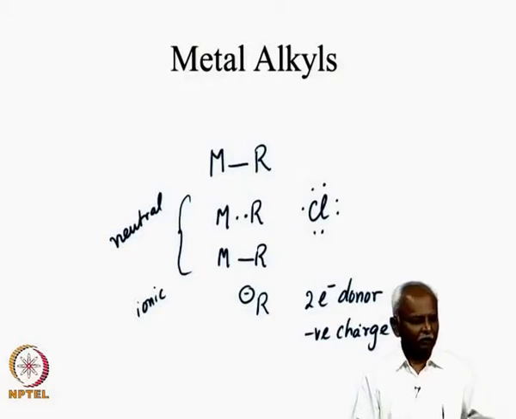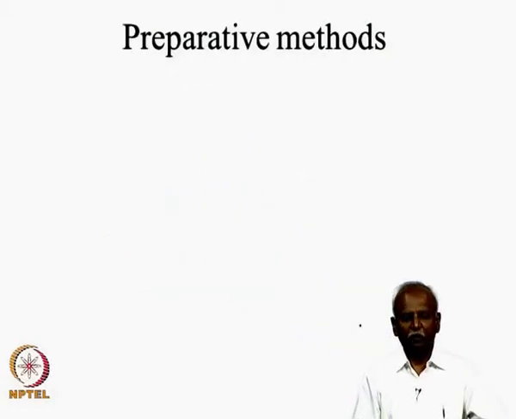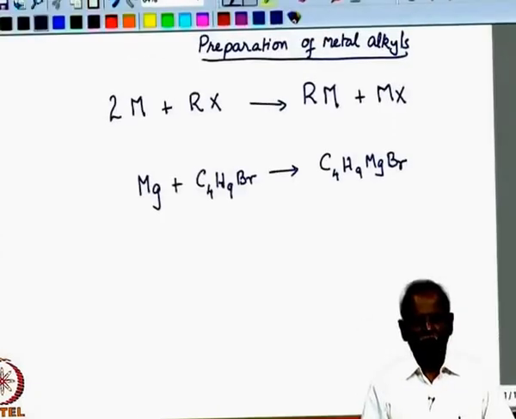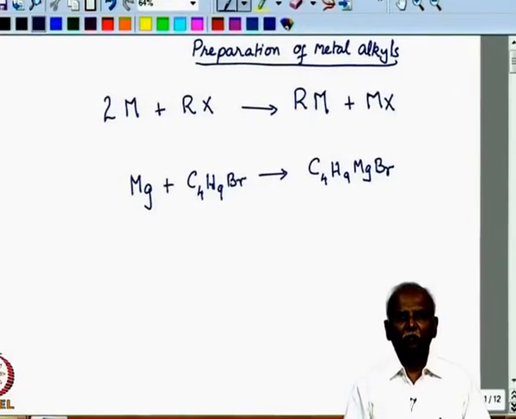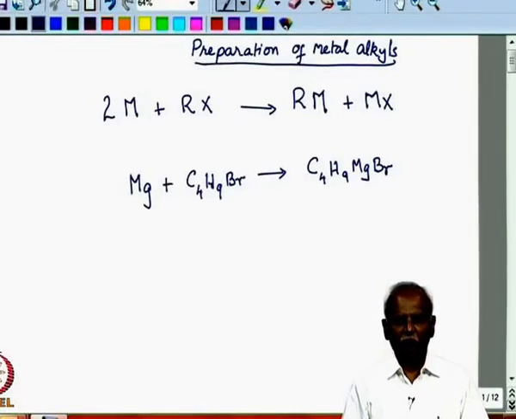And initially, I wish to look at some of the preparative methods that are available for us to generate this metal alkyl bond. When we talk about metal alkyls, it would be ideal if we look at some of the methods that permit us to generate the metal alkyl bond directly from the organic compound.